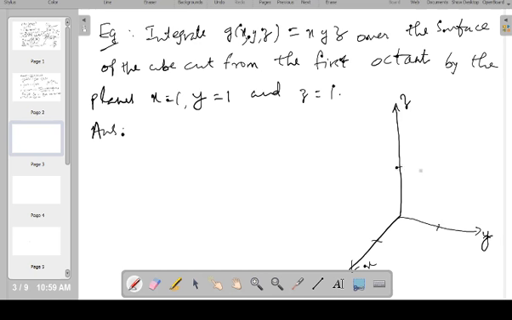All these are planes. So you have a cube determined by these three planes, and it is cut from the first octant. That means you have the cube like this.